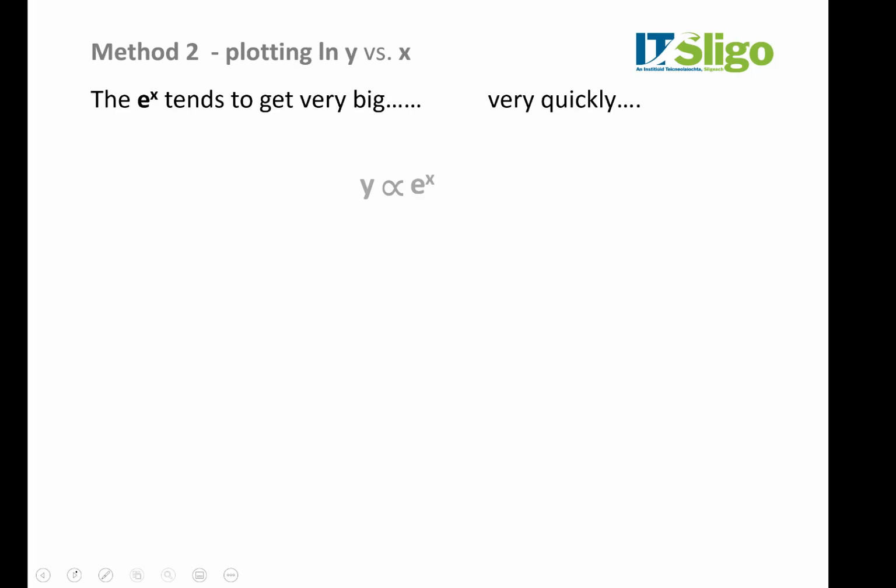So to try and counteract this, guys, like I said, the problem with plotting these is that the e to the power of x gets way too big way too quickly. However, we can take a little sidestep, get the natural log of both sides. Now we'll have the natural log of y. A proportional sign, guys, you can just treat as an equal sign.